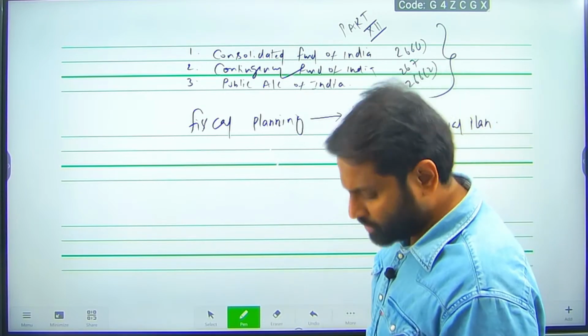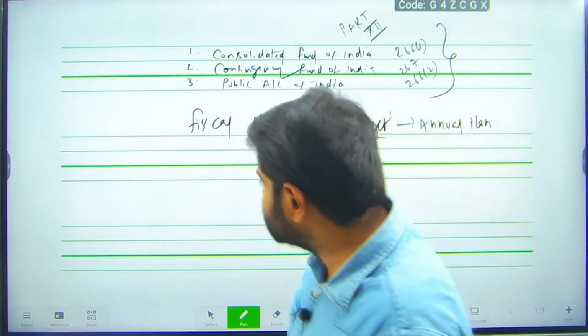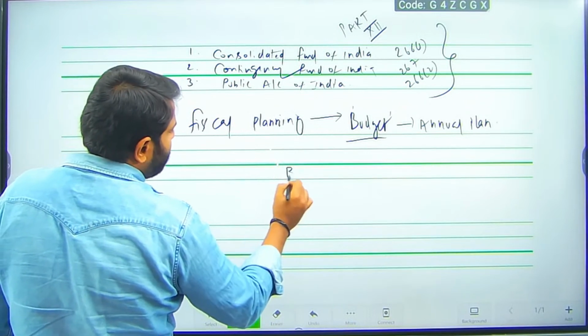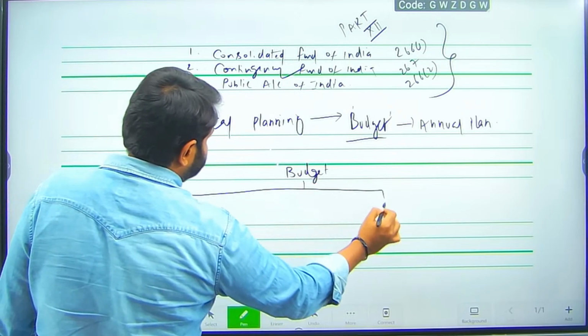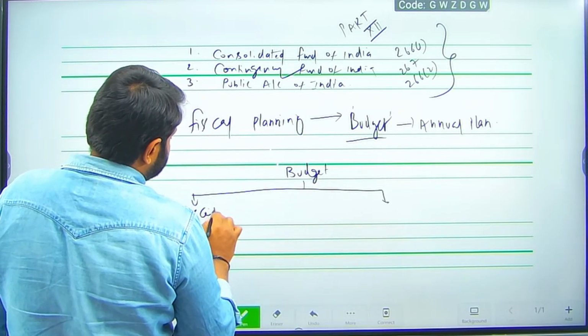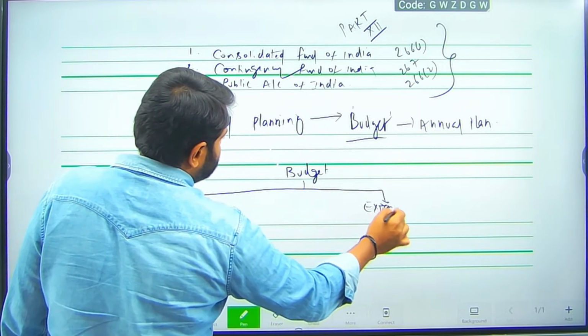And in this we have understood that budget has two types of accounts. One is receipts, the other one is expenditure.